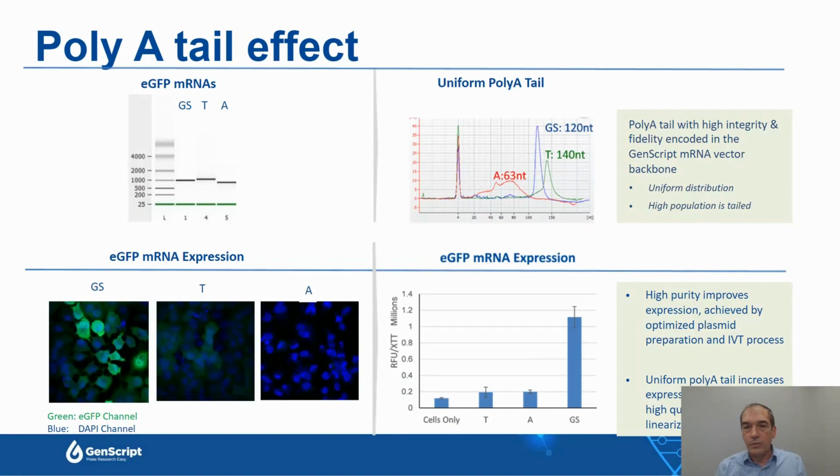And you can see that we compare very favorably. On the bottom left chart, you can see the cell staining, basically for EGFP signal, the green, and then the DAPI channel for blue. And you can see that our expression is very strong. On the right side, you can see the actual measurements. You can see significantly higher expression with our mRNA compared to the alternatives.